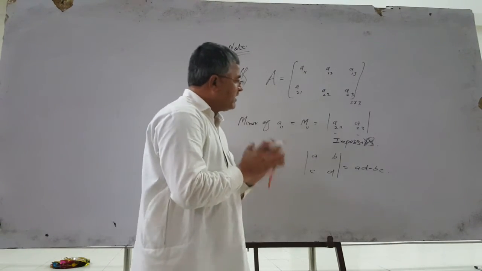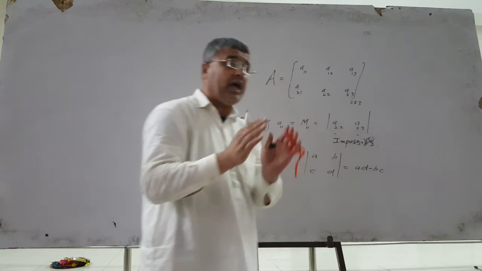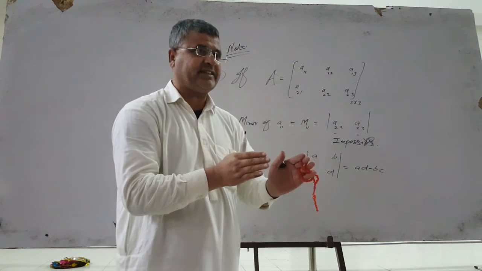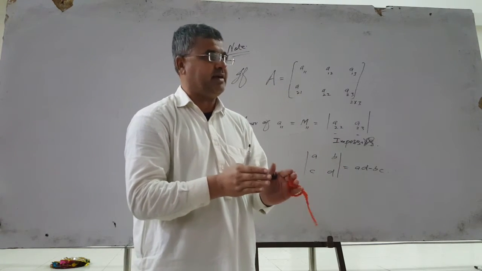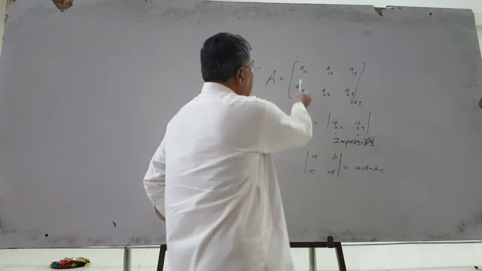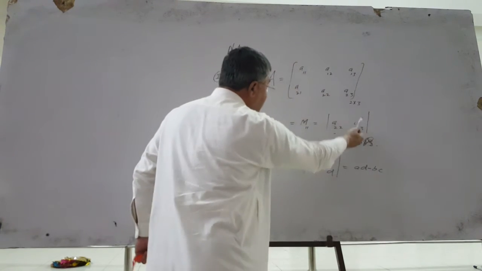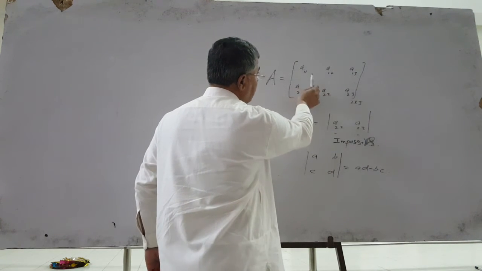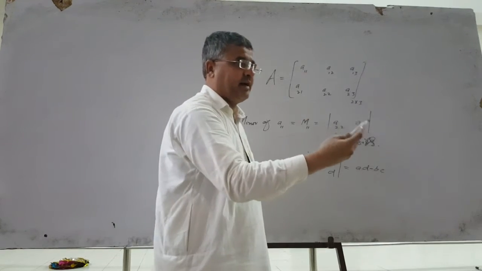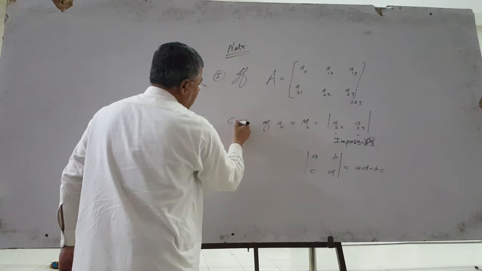Therefore, in this case we can decide that when we have to calculate the cofactor and minor of an element of a matrix, the matrix must be a square matrix. That is, the minor of this element is impossible because this matrix is a rectangular matrix.